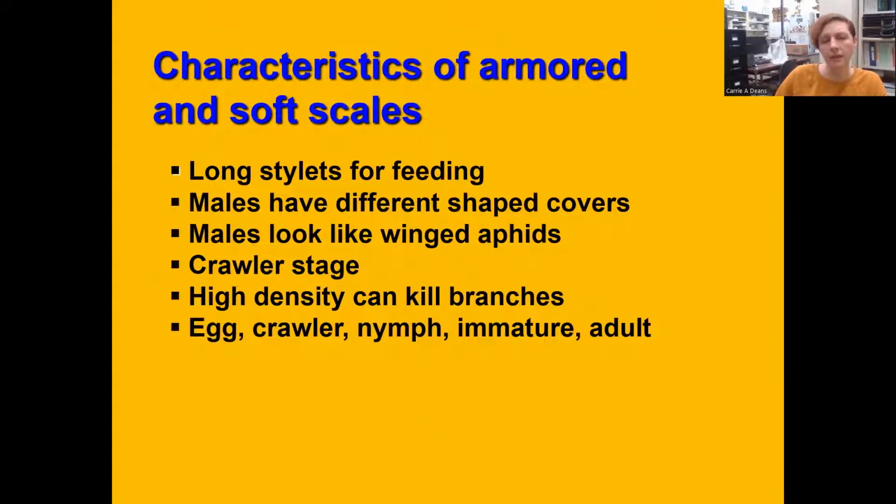As is often the case with sucking insects, typically you need rather high populations for it to have perceptible damaging effects on plants. So in high densities, scale insects are really a problem, or can be a problem.